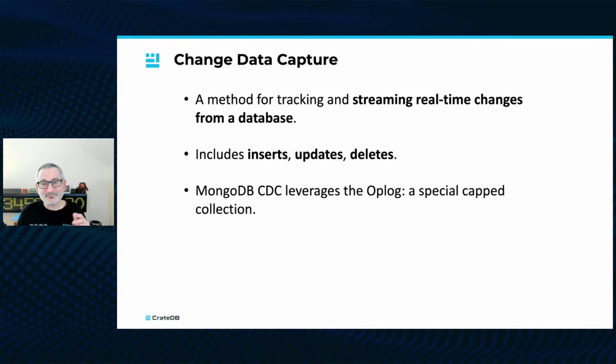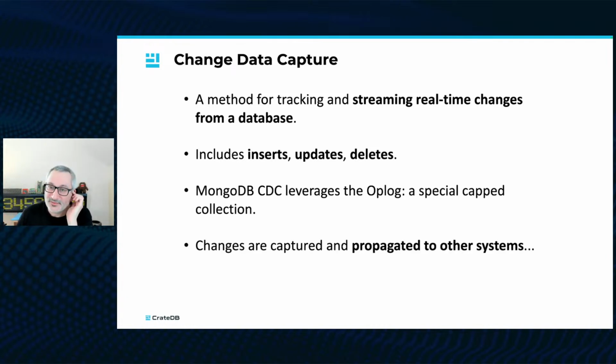In Mongo, the CDC implementation detail inside MongoDB uses what's called the op log, which is a special capped collection inside Mongo. So there's a couple of things we have to do to enable access to that from another database, and we'll come to that when we look at configuring the connection.